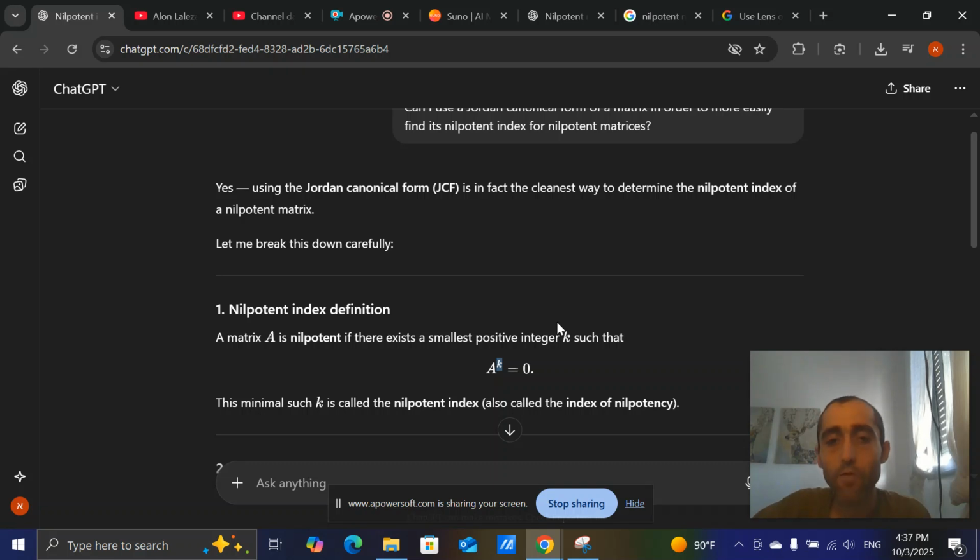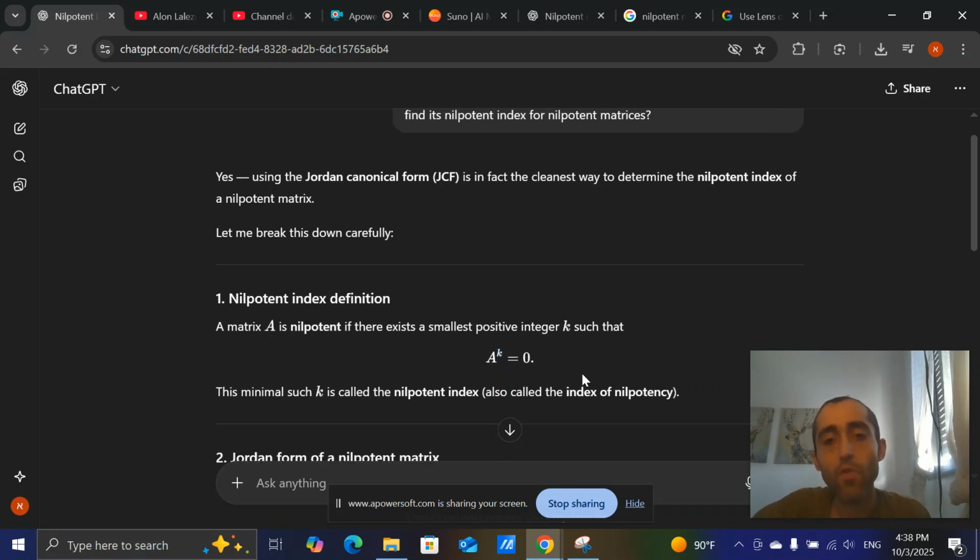Of course, if you find the nilpotent index, you will also know the minimal polynomial of the matrix, because the minimal polynomial annihilates the matrix, and it will be x to the power of something less than or equal to the characteristic polynomial power. But we need an easier way to find this minimal index that, when you raise the matrix to its power, gives you 0: the nilpotent index.